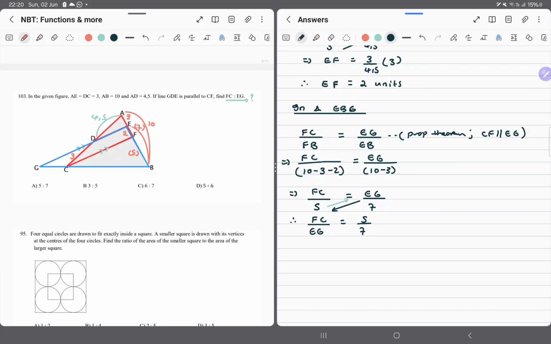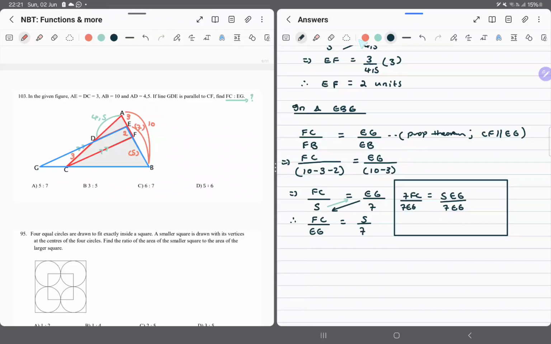Yeah, whatever. Let me show you, in case guys you think I'm showing you crime. I know you think I'm a criminal. If we cross multiply the standard fashion, we get 7FC equals 5EG. Ne? So what we want to eliminate is EG and 7. So we can divide by 7EG.